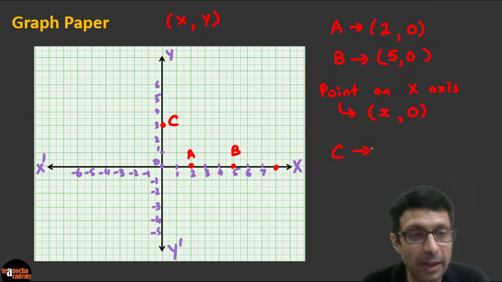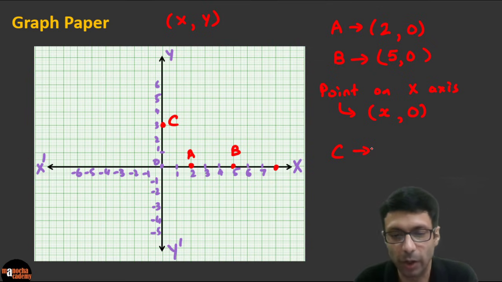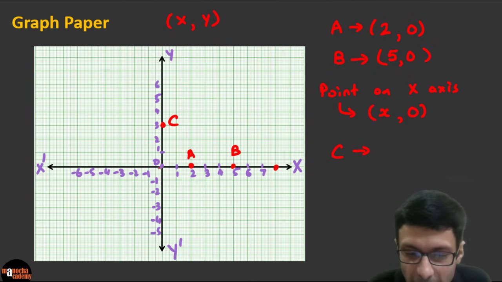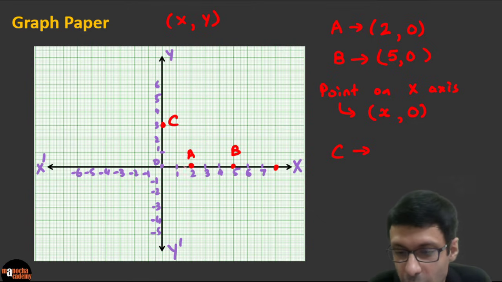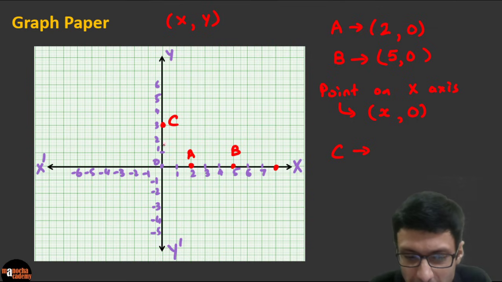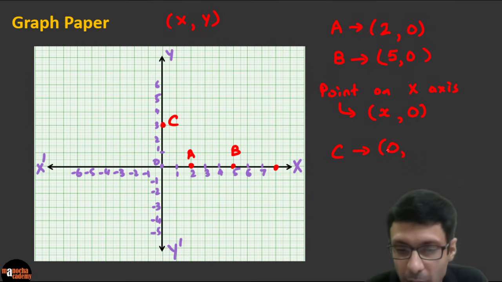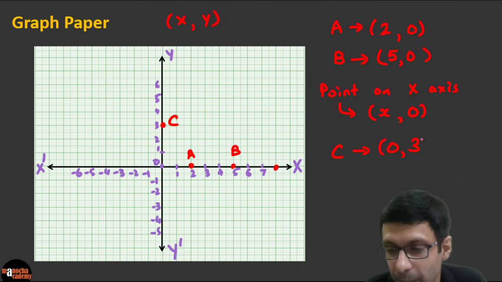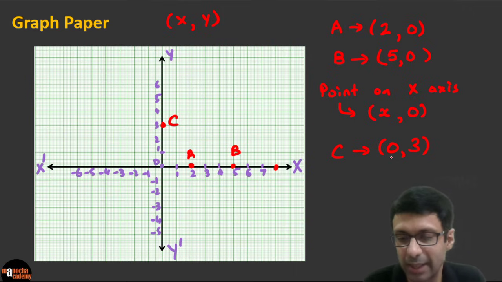So what is going to be the coordinates of C? Can you see on C, the X value is 0, because it is not moving. If you drop this perpendicular line, it's going to hit the 0 of X. So the X value is 0, but the Y value is 3 because it has a value in Y. You guys can see that, right? So it's going to be 0, 3.